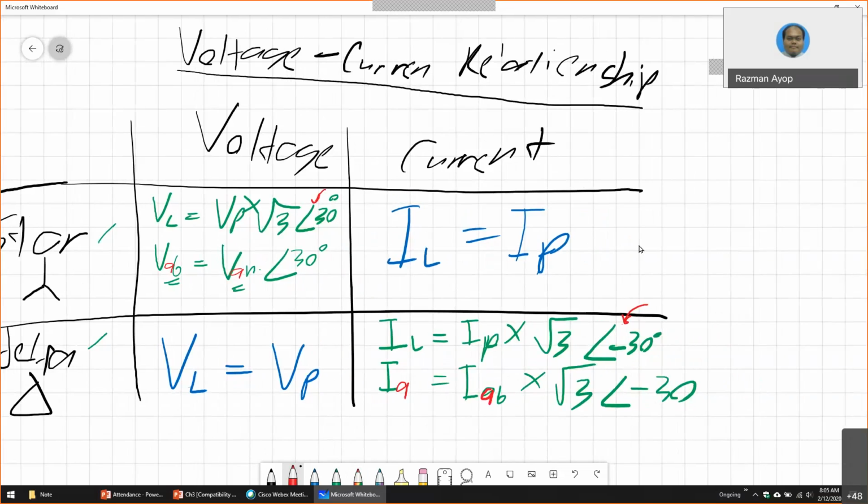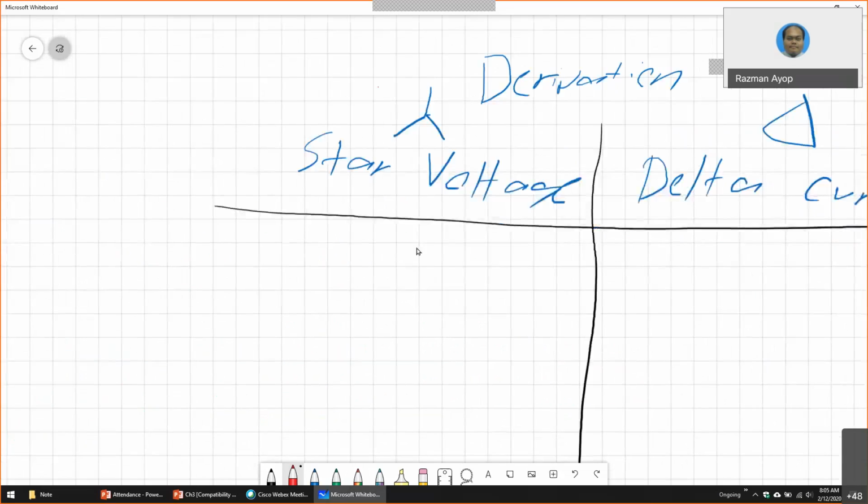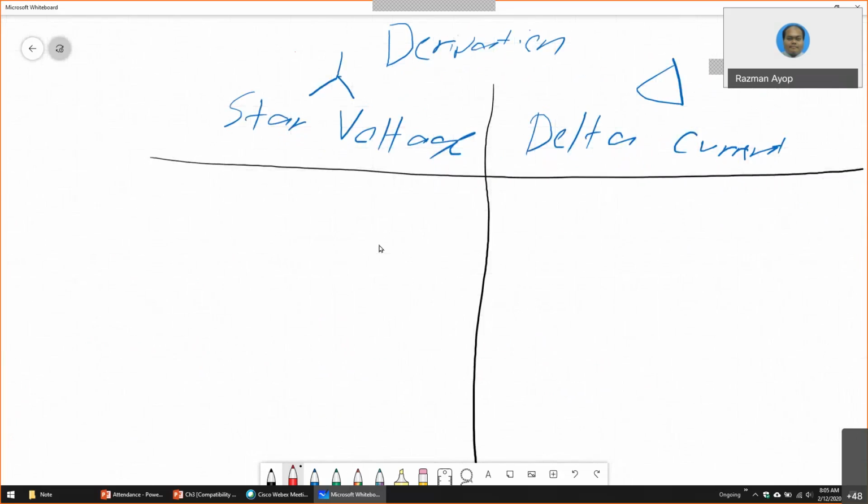And also how to derive it. Sometimes the theoretical question asks how to derive this. If you use it for star voltage, you have to use the VAN, always use the phase.